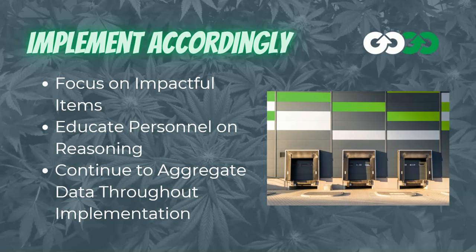Sometimes we say get the low-hanging fruit, but we've found that more often than not, when you're making changes to operational processes, focusing on the ones that have a larger perceived impact could actually be more beneficial, not only for your customers, but also from getting buy-in from your entire organization. Generally people don't like change, and so if you can introduce change that has a large impact up front, that can go a long way in getting people to sign on to the new process implementation.